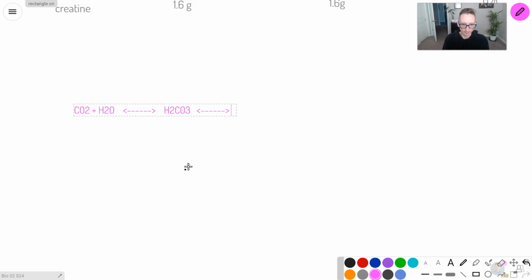Because it can donate a proton, which can then become the bicarbonate ion, which is HCO3, CO3 plus H plus. Okay, so this is carbonic acid. Carbonic acid, boom, and this is bicarbonate ion. And that's because it is actually going to be minus. I didn't write that in there. And this is plus.